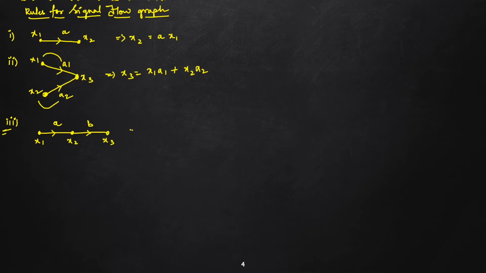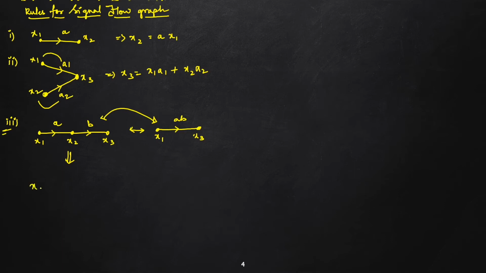I can represent the same signal flow graph like this also, taking one input node and one output node, x1 and x3, and in between I write the gain as ab. These two graphs represent the same thing. How they represent the same thing, let us see now.